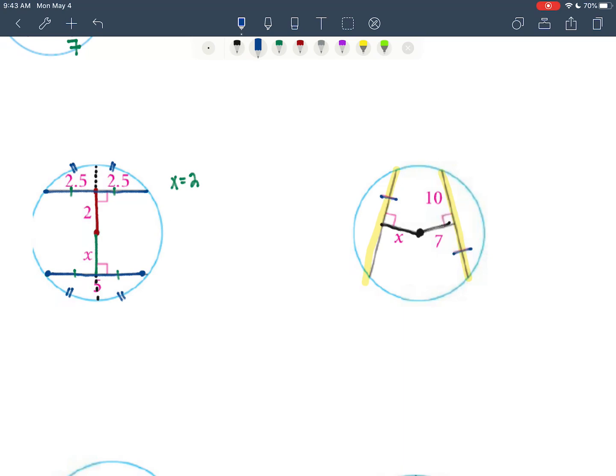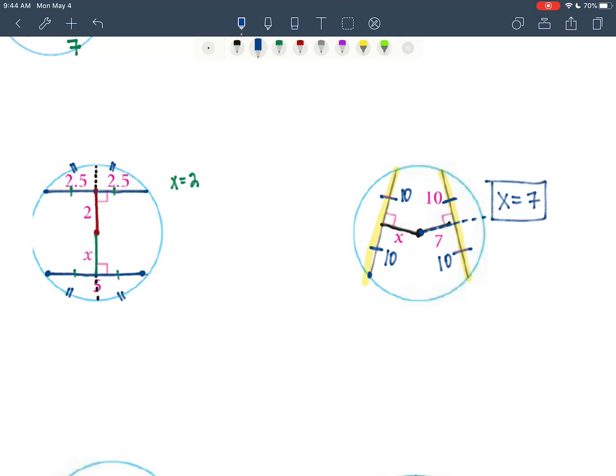These 2 congruent segments are important because it links one chord to the other chord. The other thing that we have going on here is the fact that we've got that perpendicular, which is going to bisect the chords. So now 10 is congruent to this 10, which links to this 10, and this chord on the left is also bisected, so that's 10, which means that x has to be 7.